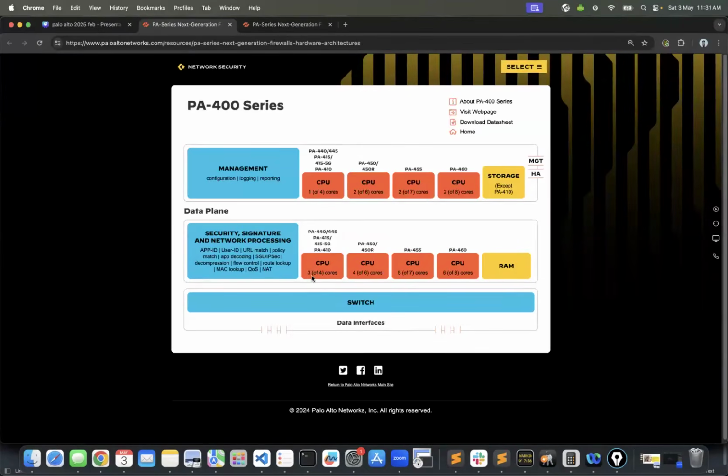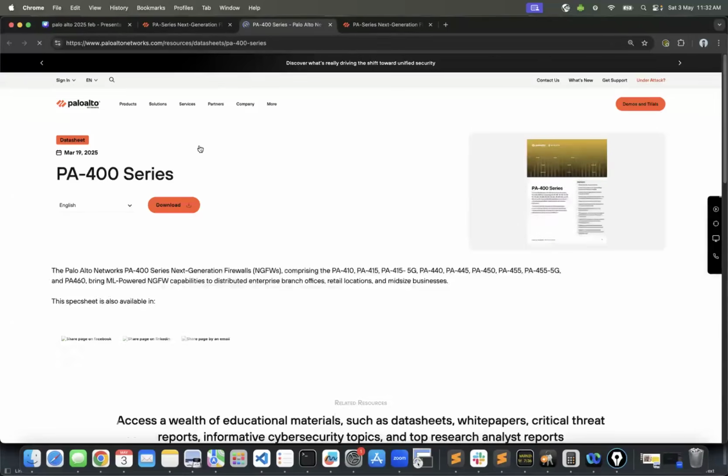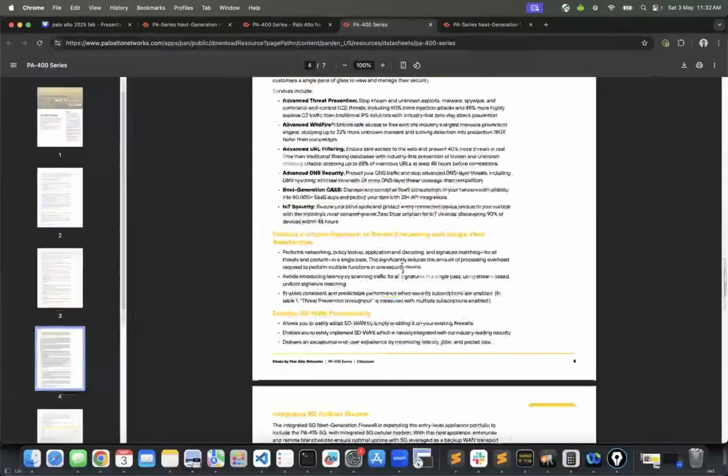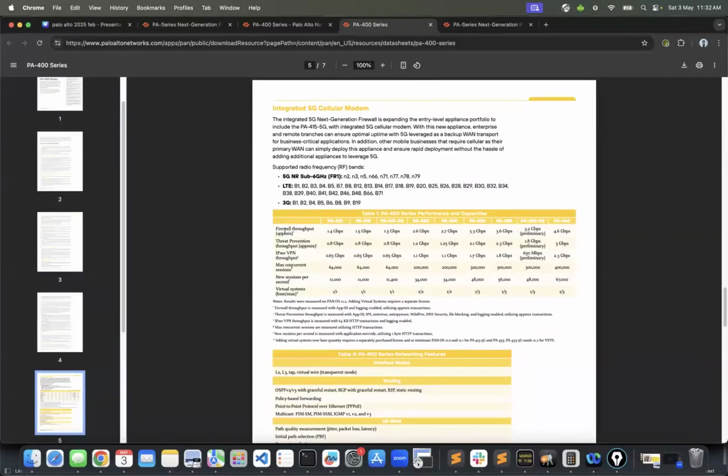When you see that, it is comparatively only one CPU core versus 3 CPU core. Based on your number of users and your connections and your devices, you should do the analysis of how much bandwidth you need. Based on the bandwidth, you have to use this data sheet. You can just download the complete data sheet. I'll give you this. The complete data sheet will tell you what connections are required.